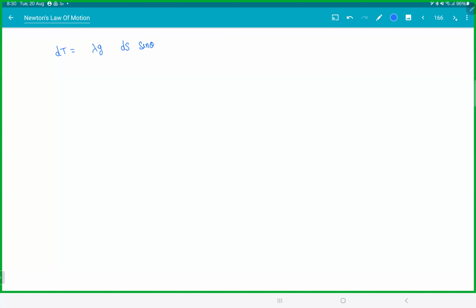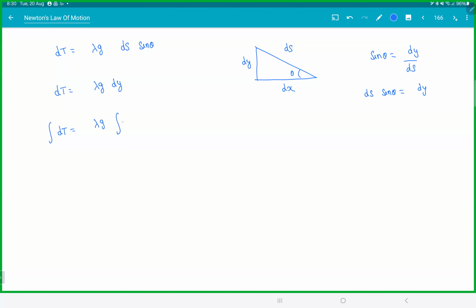Now understand, I don't know ds, I don't know theta. Now on this small piece, when you took this as ds, this was theta. The horizontal distance was dx, and this was dy. From here, we can clearly see sin theta is dy by ds. So ds sin theta is dy. So we get dT is equal to lambda g dy. Now, if I integrate on both sides, integral of dT equals lambda g dy, this will go from 0 to h.